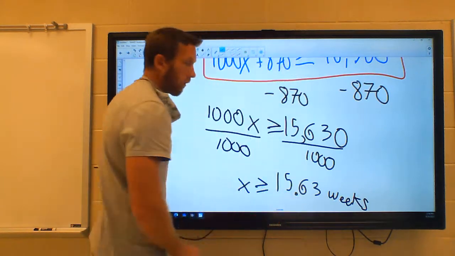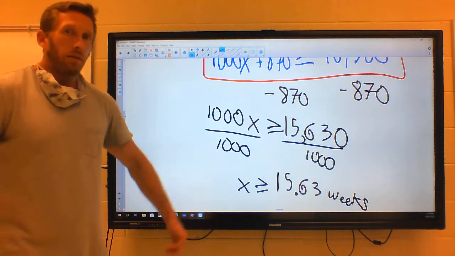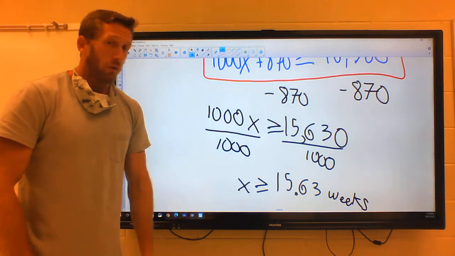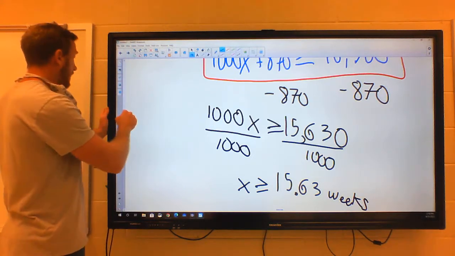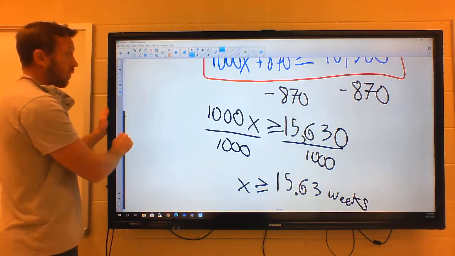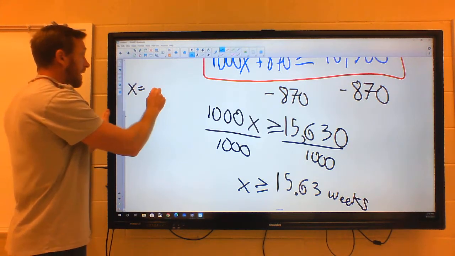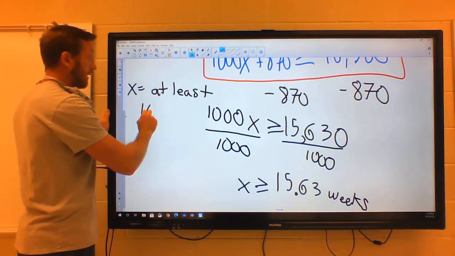Well, guess what? You can't have 0.63 weeks of money yet, okay? So we're going to actually round this up. We're going to look at this and say, I want at least 15.63 weeks worth of work. Okay, so if we're answering this now, they gave us the problem as a word problem. We might have to answer this as a word problem. So x equals at least 16 weeks.